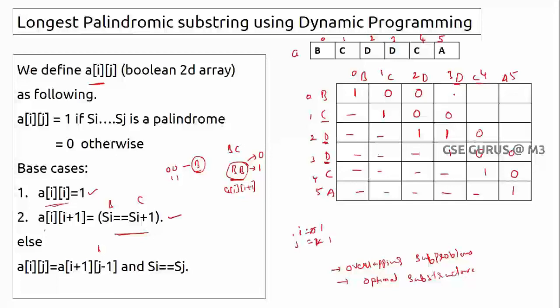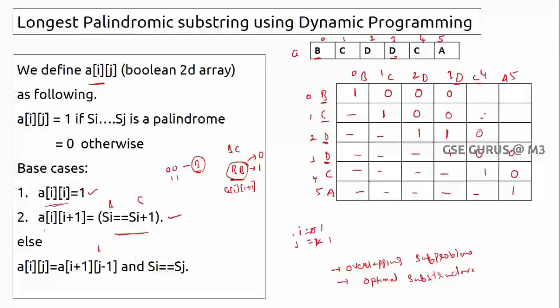Now checking for this one, 0 3. So starting with this one up till here, is this a palindrome or not? So directly what we need to do, first thing, B and D, are they same? Not. So directly keep it 0, first thing. Anyway, this is 0 means 0 and something is 0. That's why I'm not checking this one. Here 1, C and C, yes, both are same.